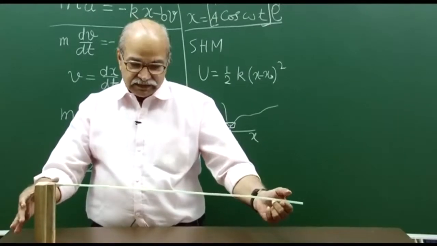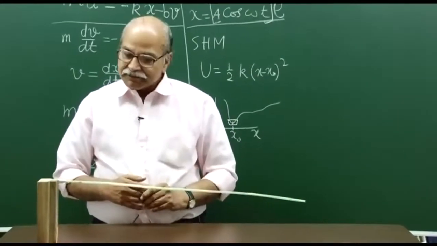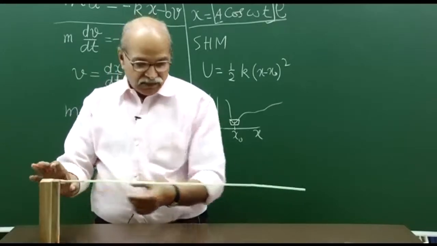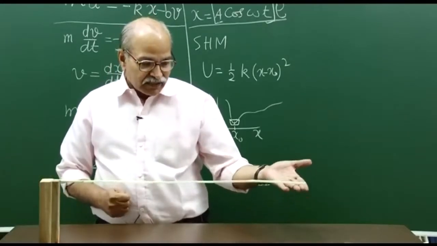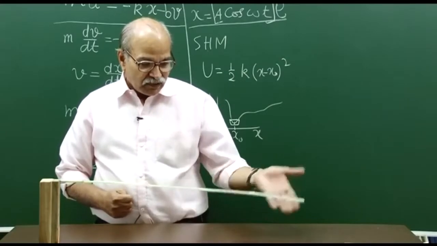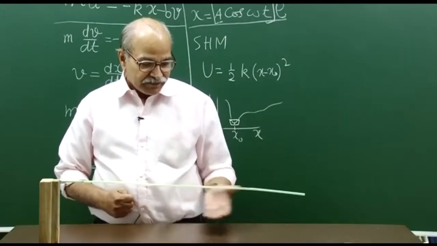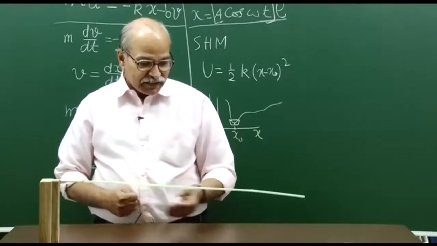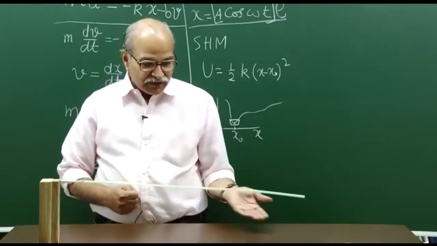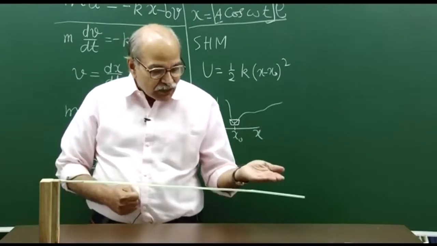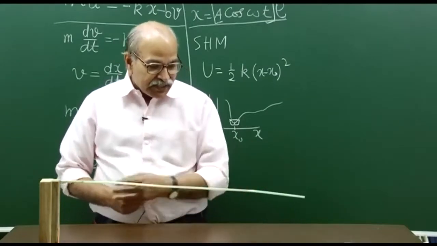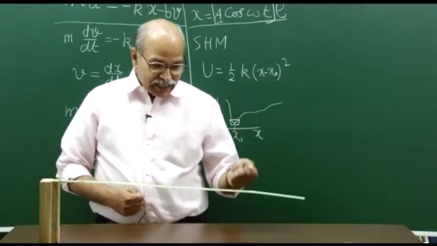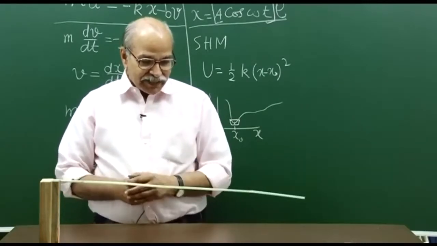This is the stable equilibrium position, and then I can oscillate this. It can go on oscillating, and there is some natural frequency of oscillation. There is some restoring force which brings it back towards the equilibrium position. Then there is damping, so that the amplitude decreases and finally it comes to rest.